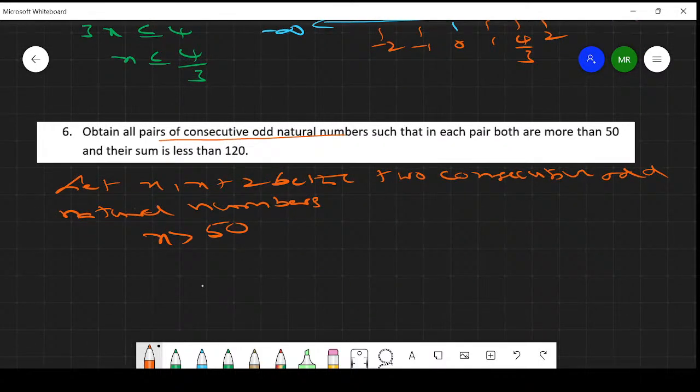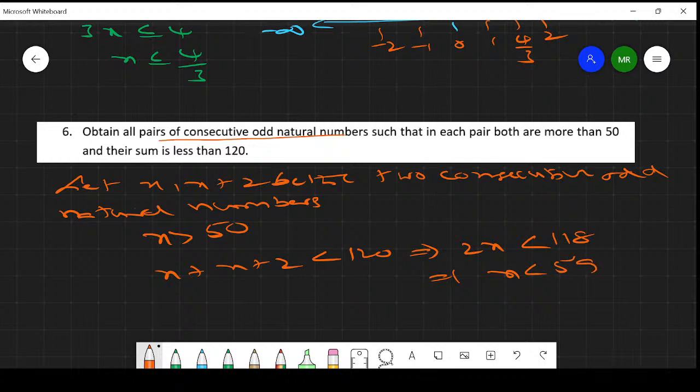You can take the sum is less than 120: x plus x plus 2 less than 120. If we take this one, you will get 2x less than 120 minus 2, 118. So x less than, not equal, sorry, only less than, x less than 59.